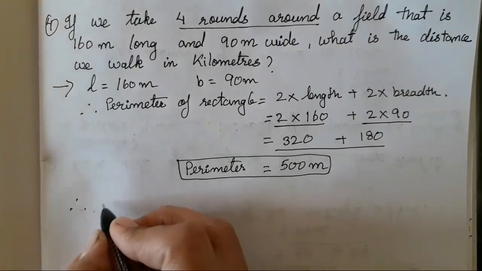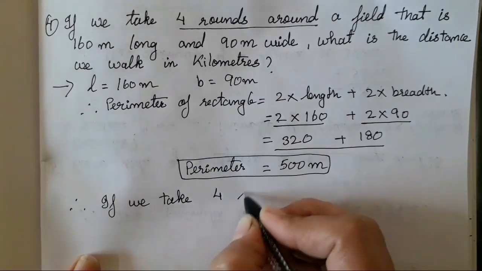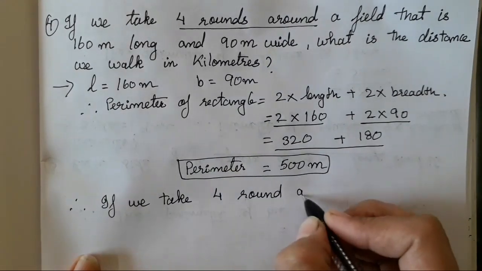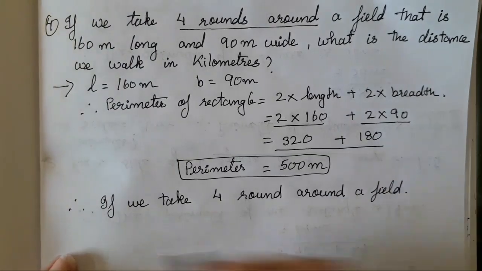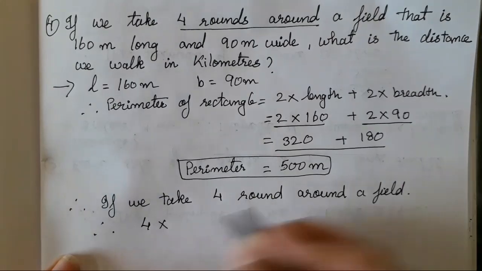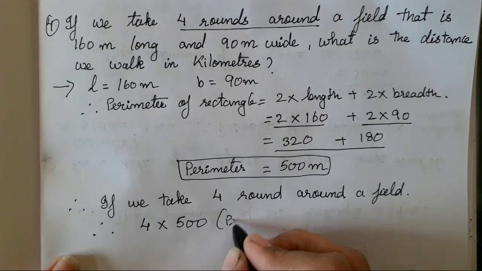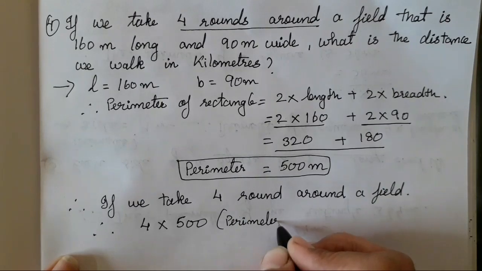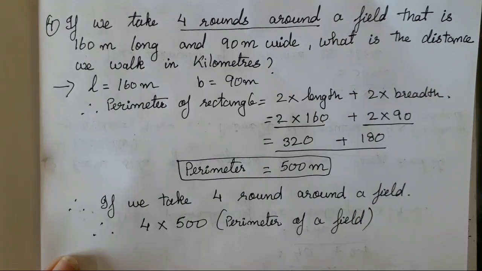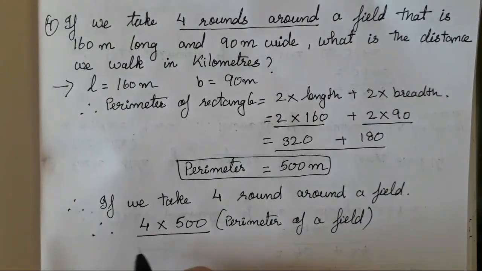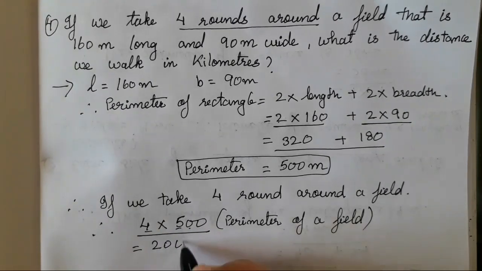So therefore if we take 4 rounds around the field, therefore 4 into how much? 500, where 500 is the perimeter of a field. Okay children, so 4 into 500, that means it is going to be 2000. 5 4s are 20 and 2 zeros.